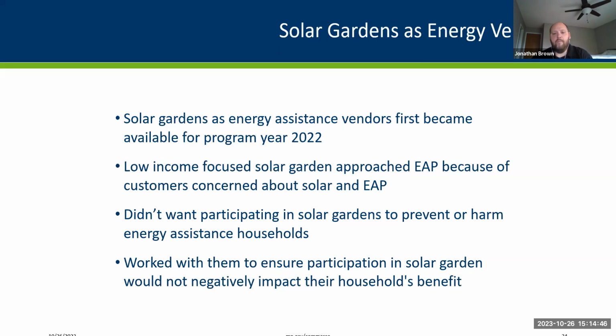So a lot of the back and forth initially was just simply education, right? Letting them know that participating in a solar garden wouldn't prevent them from participating in energy assistance. So with that, we also just continued to work with them to make sure how we set up the program wouldn't harm people who did participate in a solar garden and received a discount or a credit back on their utility bill.